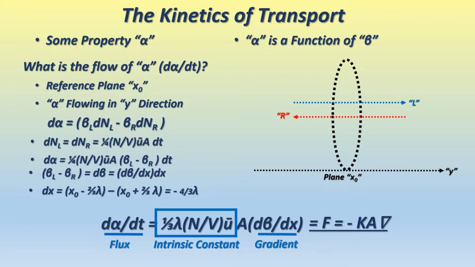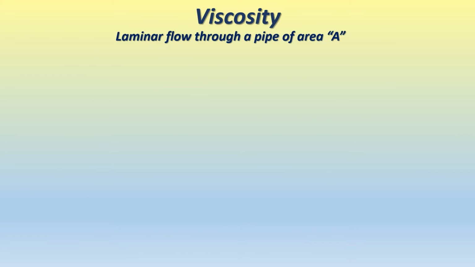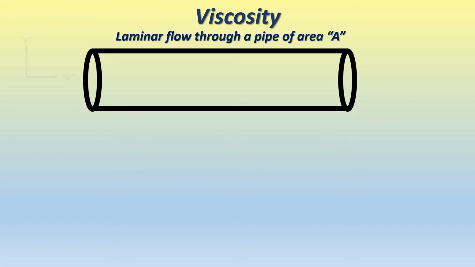Looking at the properties one at a time, let us first look at viscosity in detail. The laminar flow of a fluid through a pipe of area A, where once again there is no turbulence, it's laminar, everything's moving in a straight line. So I get some pipe of some area A, where x is the direction of the width of the pipe, and the fluid is traveling in the y direction at some velocity.